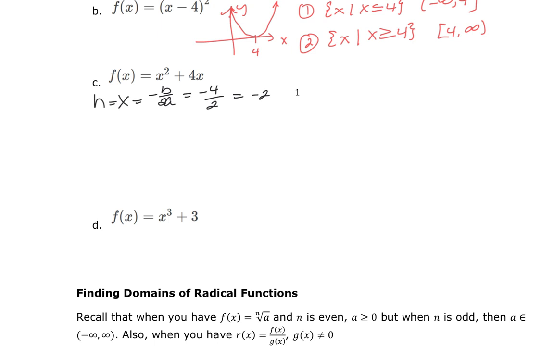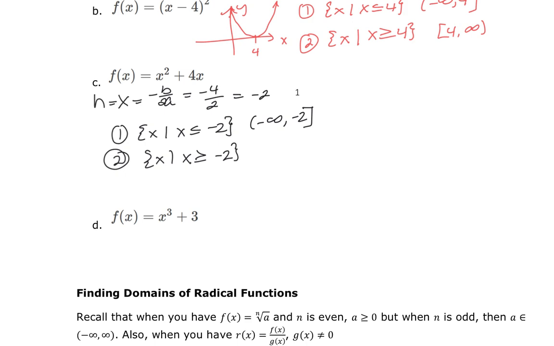Again, I can choose the left side, which is x such that x is less than or equal to -2. Interval would be from -infinity to -2 with a bracket. Or I can take the right side from the vertex on, which is x such that x is greater than or equal to -2, and my interval would be from -2 to infinity.